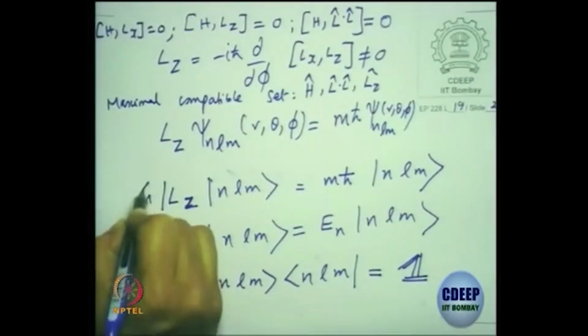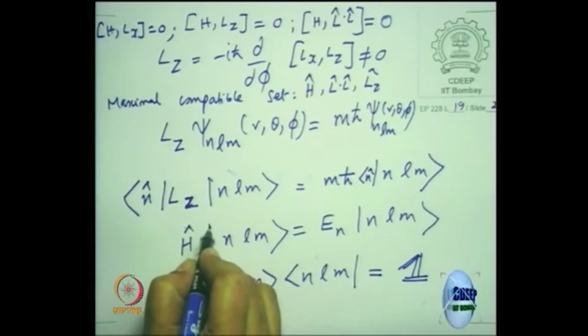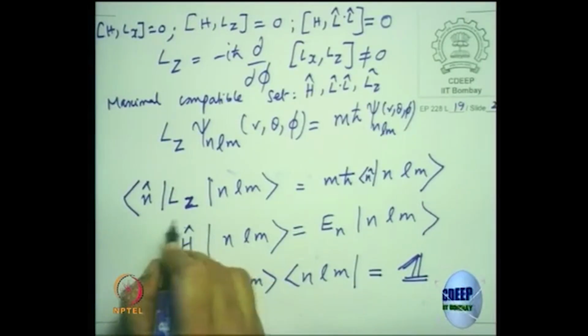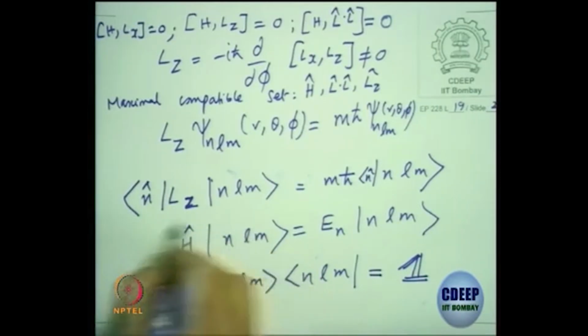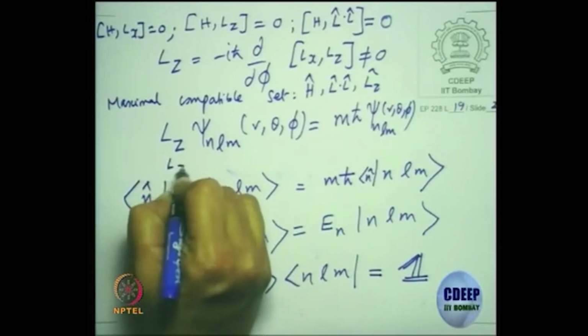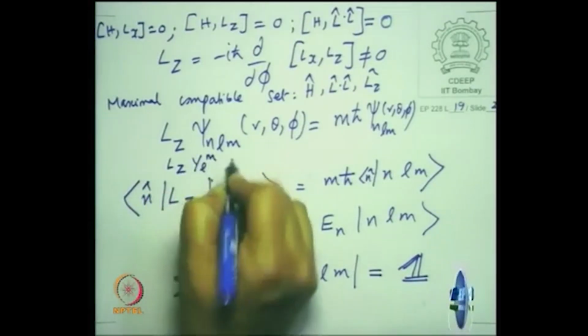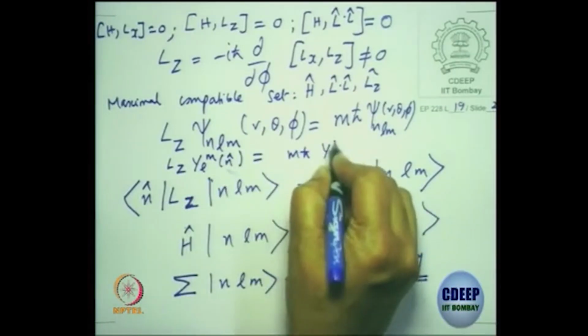Clear? You can take projections here with hat n. And what will this be called? This will be the Lz operator on the YLM part. Okay. So you can write Lz on YLM of hat n is m h cross YLM of hat n.